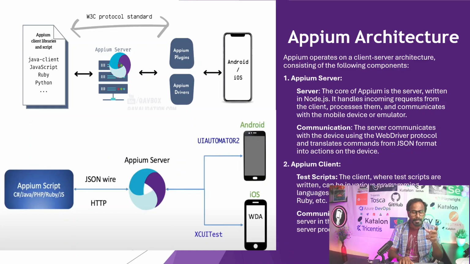And then Appium client. The client where test scripts are written can be various programming languages such as JavaScript, Python, Java, or Ruby, as I showed you in the diagram. And what is the communication method?